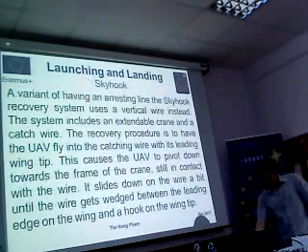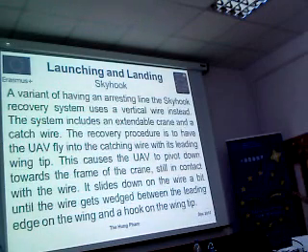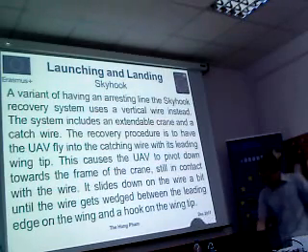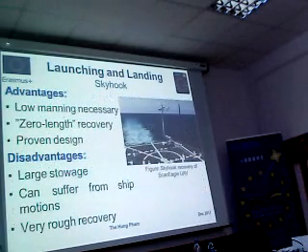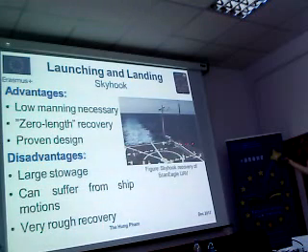The shrine hook. There is another solution, which is some kind of like the arresting line. Let's see this one. As you have seen with the arresting line, the line is on the land.